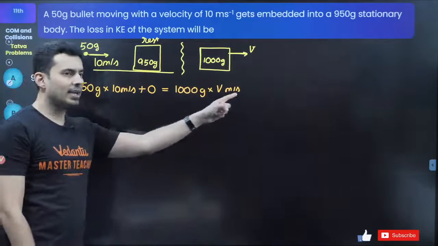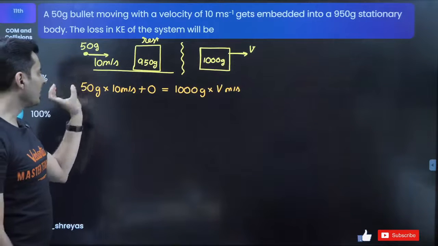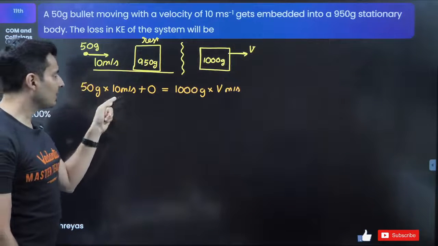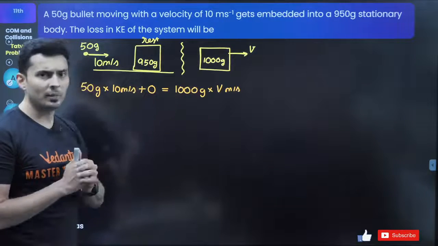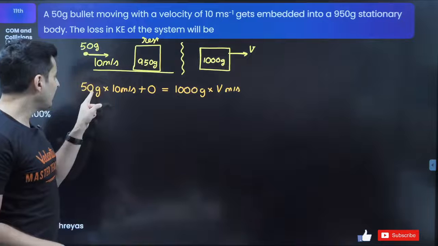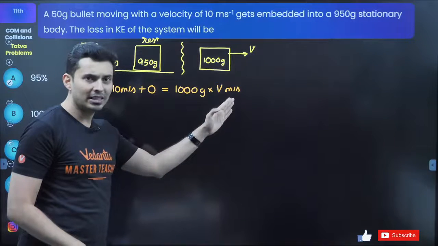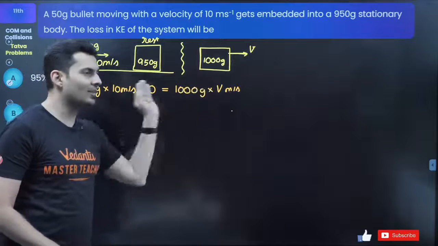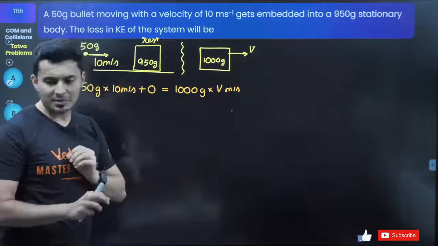Now there is a deliberate reason why I wrote down the units here. I wanted you to see that even if I put the mass in grams and the speed in meters per second, it really does not matter while I conserve the momentum. Because if I put in grams and meters per second here, I am also putting it in grams and meters per second there. So the units will cancel on both sides, and I'll get the answer perfectly well in meters per second.